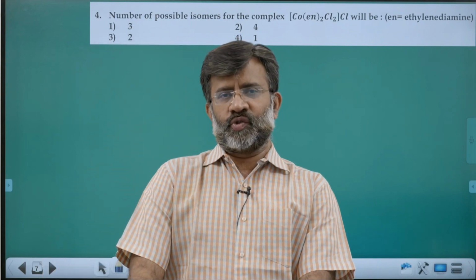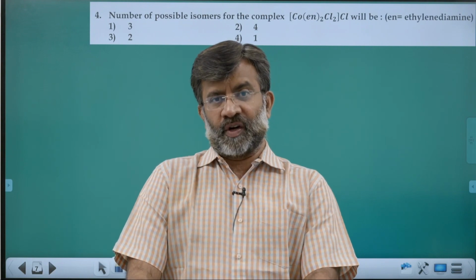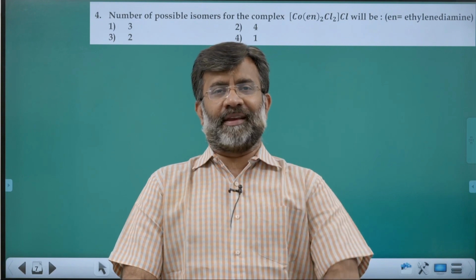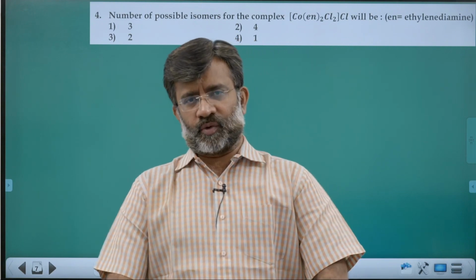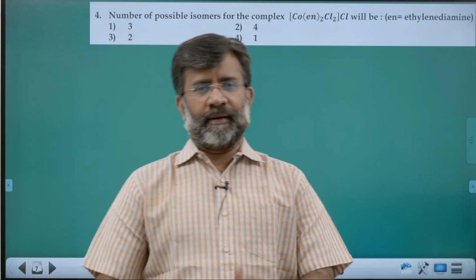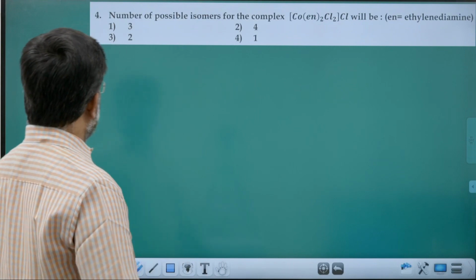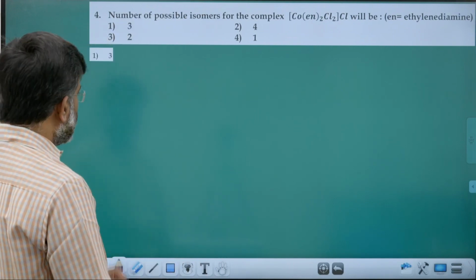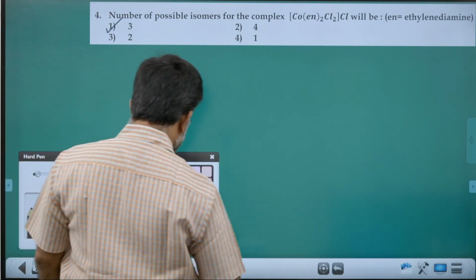It will give you cis-trans isomerism, out of which trans is optically inactive while cis is optically active. So for cis, there will be 2 molecules, dextro and levo, and trans only 1 molecule, a total of 3 molecules. The answer will be the first choice. I will draw the structural details if required.